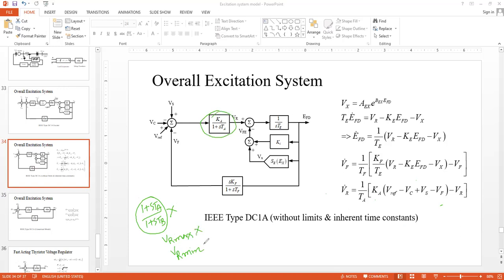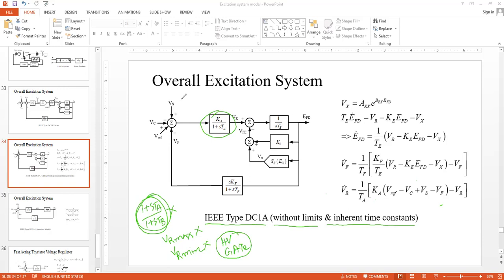Those are no longer considered. So we have a simplified block of the IEEE DC1A exciter, now without limits and without the inherent time constants, these two, TA and TB. And we have also got rid of the HV gate, the high value gate. After ignoring these three, we reach here.